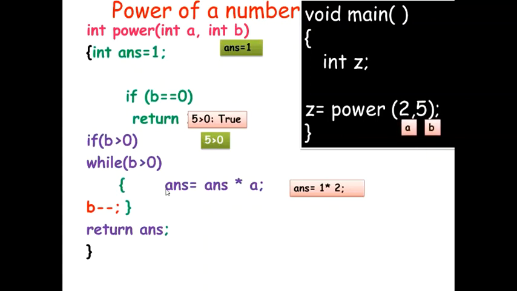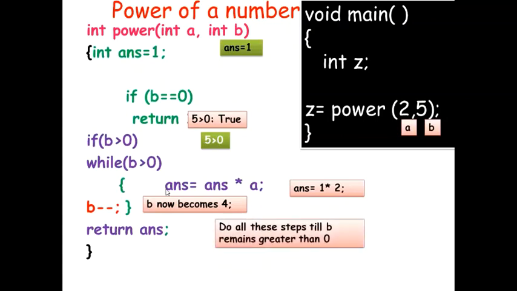Because we have a is equal to 2 and b is equal to 5. Then b now becomes 4 because of the b minus minus. Initially b was 5. So you have to do all these steps till b remains greater than 0. Now let's go step by step. First time answer is 1 into 2.